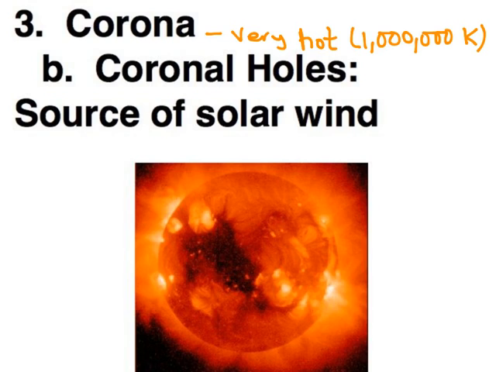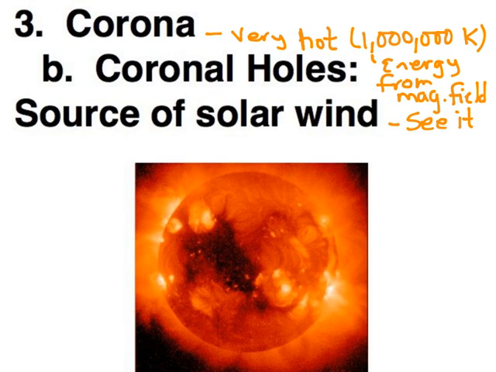And that's due to energy from the magnetic field is what heats up the corona. But because it's so hot, we can see it in the X-ray part of the spectrum. That's actually where it radiates the most. Now, we can't observe X-rays from the surface of Earth, so we use orbiting satellites to observe in the X-rays.